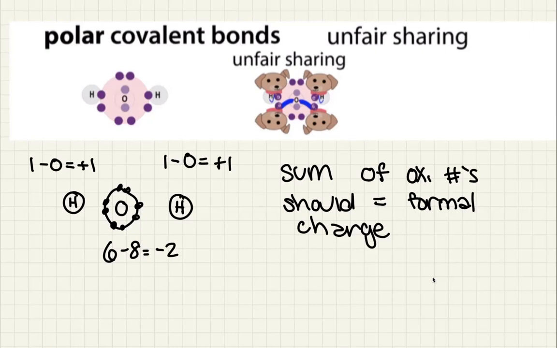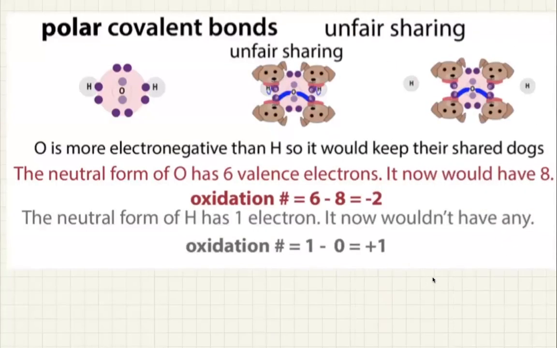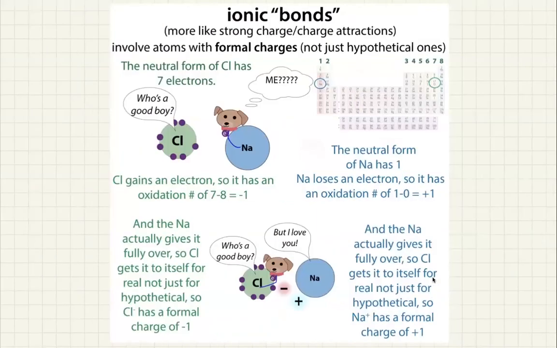And in fact, if we take +1 plus +1 plus -2, we get 2 minus 2 equals 0. So check. We can see that our oxygen has an oxidation number of -2 and our hydrogens have oxidation numbers of +1.